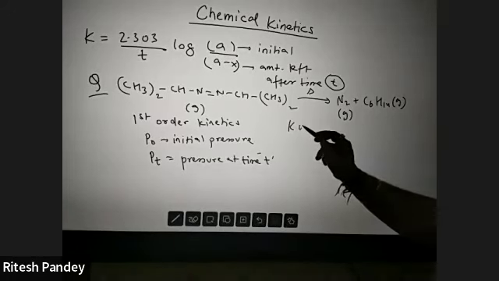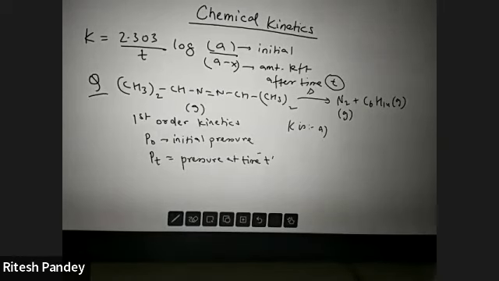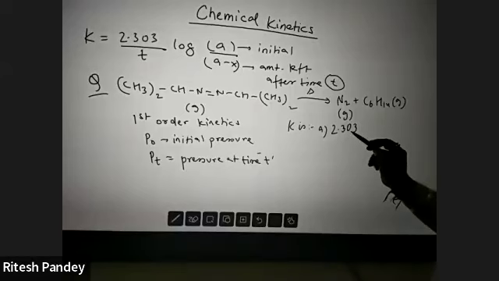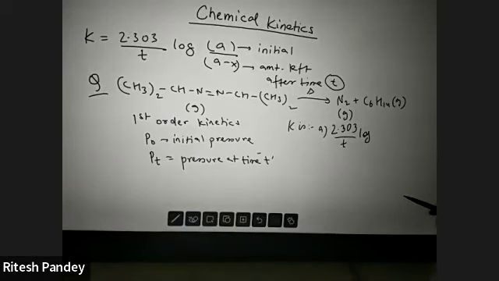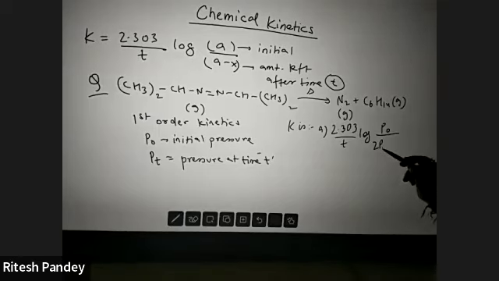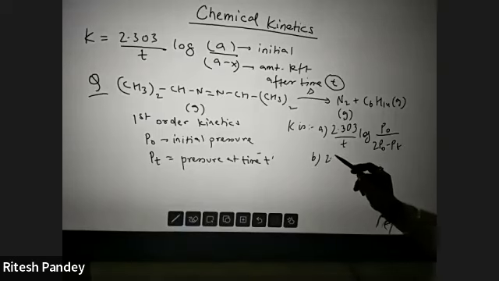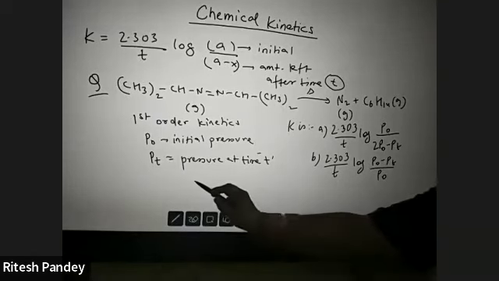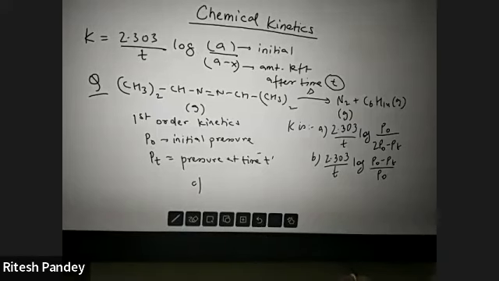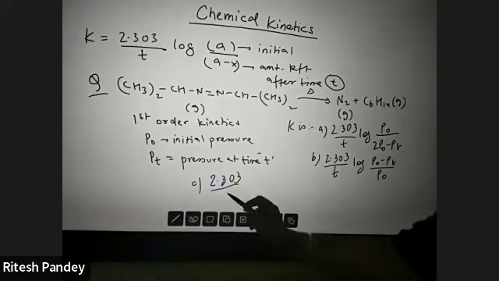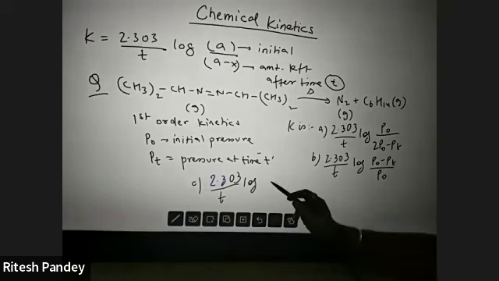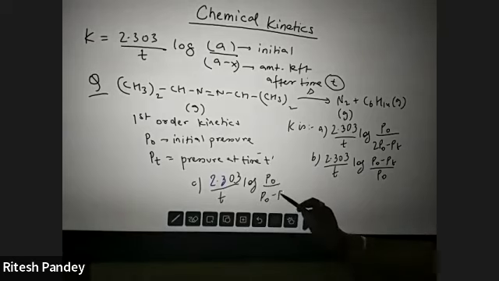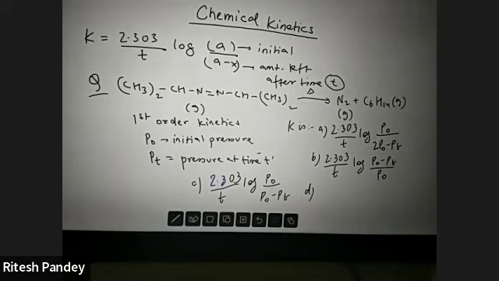So the question is, K is, and say the options are: option A, 2.303 by T log of P naught upon 2P naught minus PT; option B, 2.303 by T log of P naught minus PT upon P naught; option C, 2.303 by T log of P naught upon P naught minus PT; and you have an option D. You might choose not to write the option.